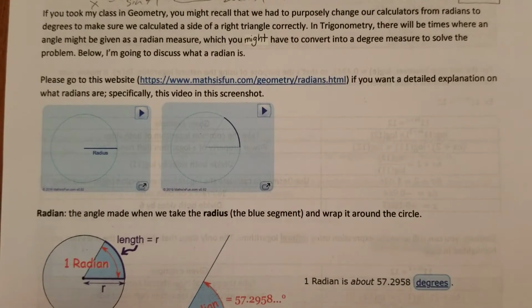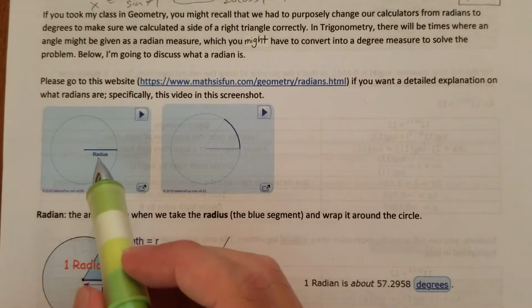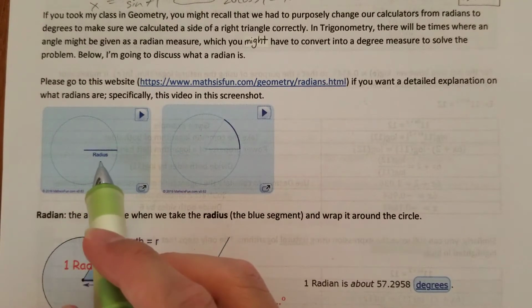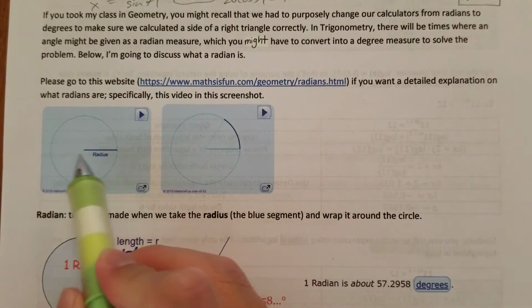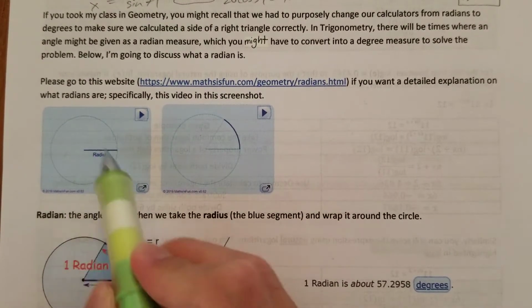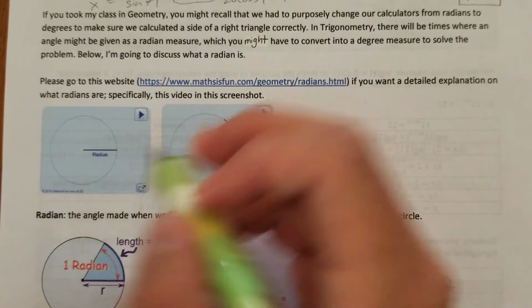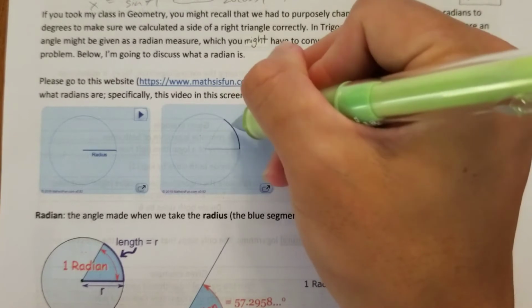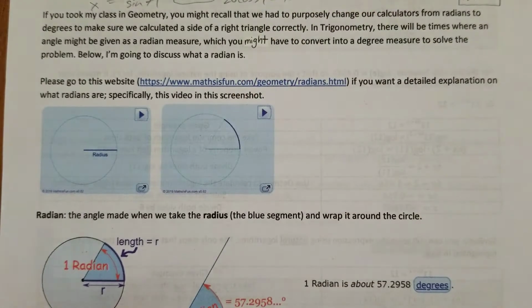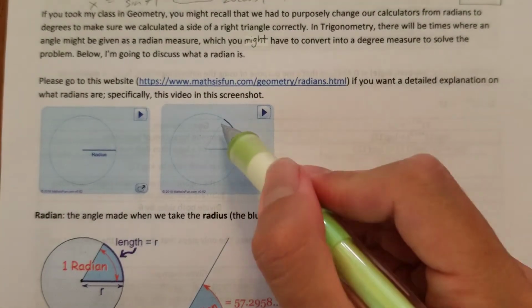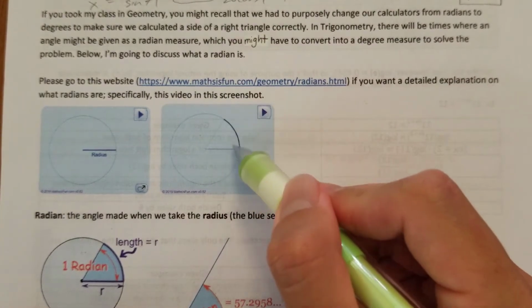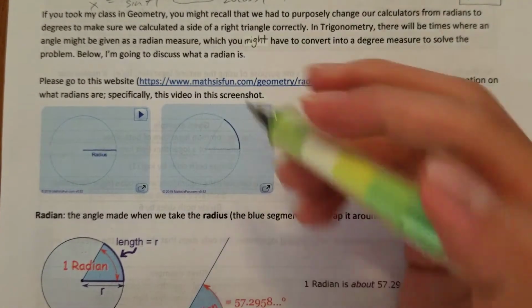It's kind of cool. But basically, the idea of a radian comes from the idea of a radius. You see this blue here? This is a radius of a circle. A radian takes this radius and traces it on the outer part of the circle. So this measure here is considered 1 radian.